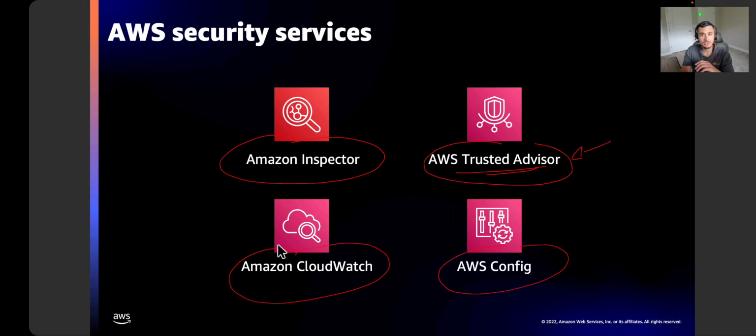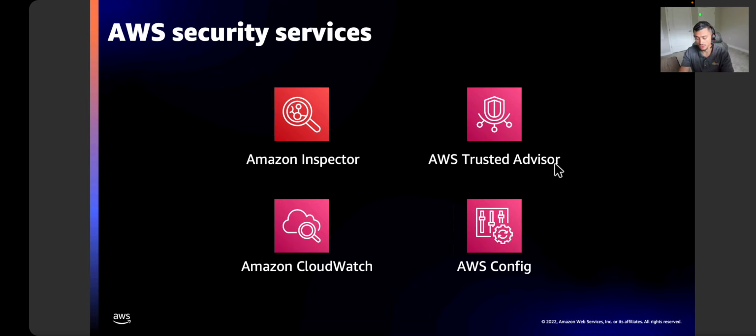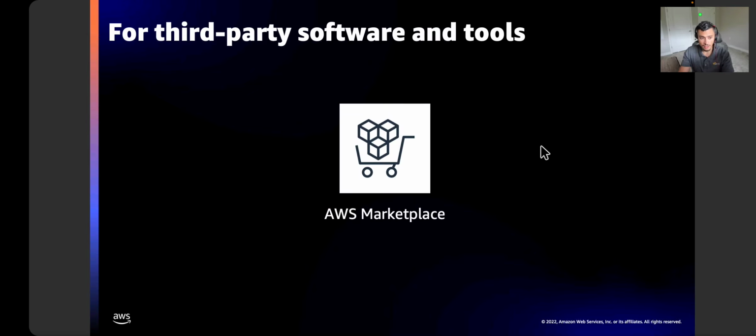And then Amazon CloudWatch is really our foundational service for monitoring performance-related metrics and logs, right? So we can gather all our metrics and view our logs within Amazon CloudWatch. Now, other than native AWS services and tools, you can also go to the AWS Marketplace, which is a digital catalog of solutions from thousands of vendors and developers around the world who have placed their own homegrown solutions on our digital catalog, which you can consume as a service.